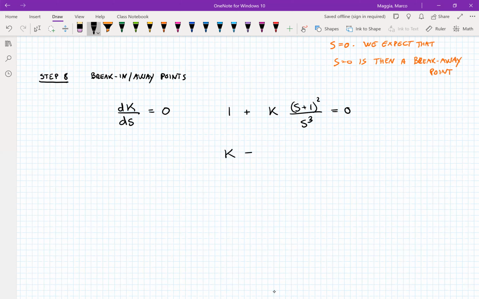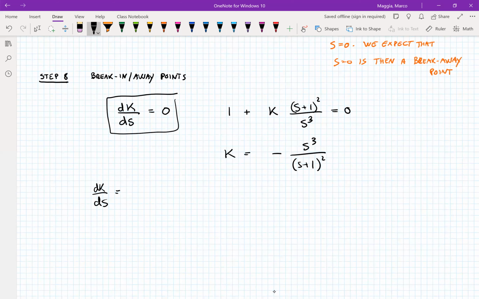So k is equal to minus s cubed over (s plus 1) squared. So now the condition tells us that we need to take the derivative of k with respect to s. So dk over ds is equal to the derivative with respect to s of minus s cubed over (s plus 1) squared.